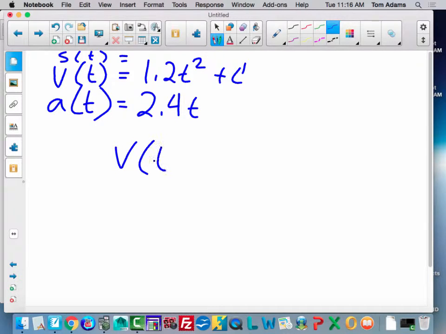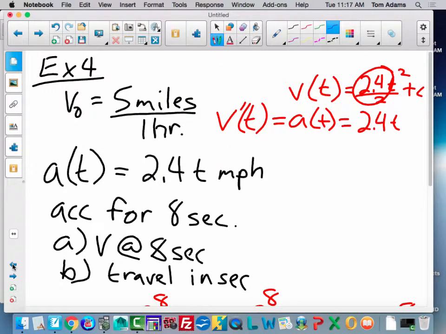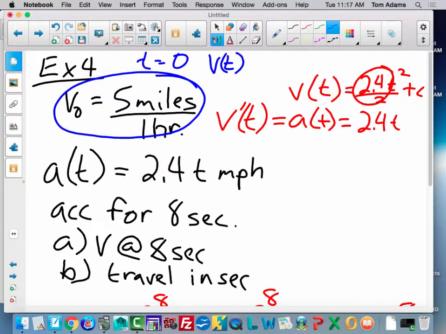So I've got v of t is equal to 1.2 t squared plus c. Hey, wait a second. Whenever they give us an initial condition, there's a reason for it. What was the initial condition they gave us? You know what that says? That says that when t is equal to 0, v of t was equal to 5.